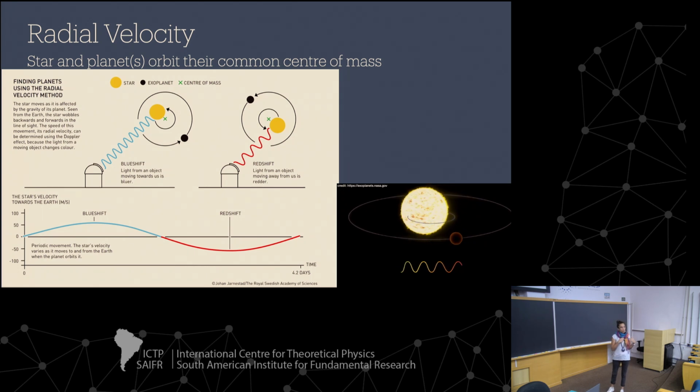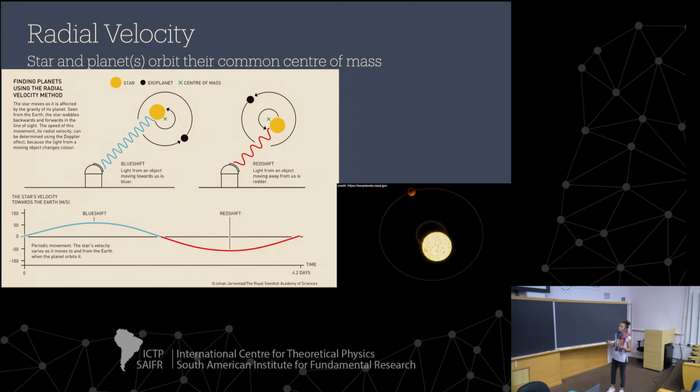So we see bluer light, and then when it goes further away, we have a redshift. In a few words, if you observe the spectrum of the star, you see that the lines shift periodically, blue, red, blue, red, blue, red, and then we know that there is a body. And then we can measure the lower limit of the mass through that.